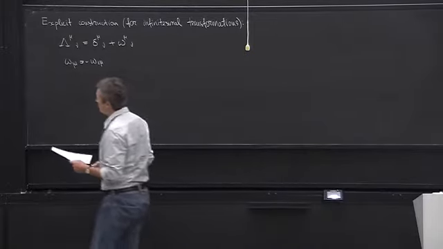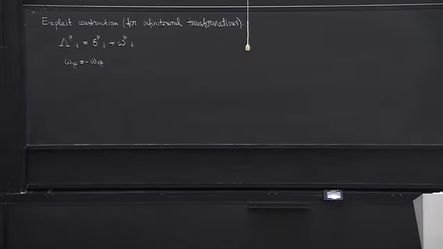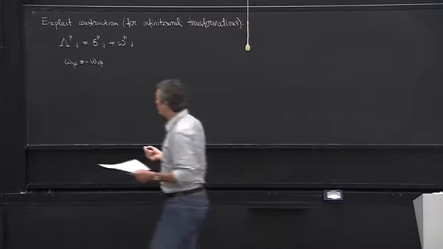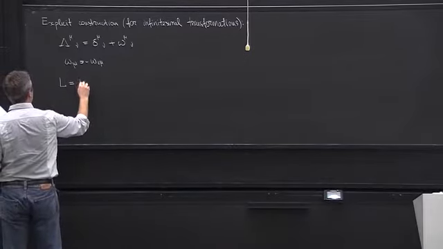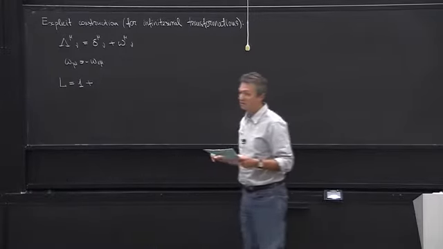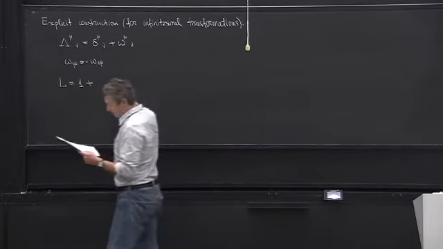So then we can use this property, which tells us that for the identity transformation L is 1. So for transformations close to the identity, L should be equal to 1 plus something small. And so it should be linear in this omega.